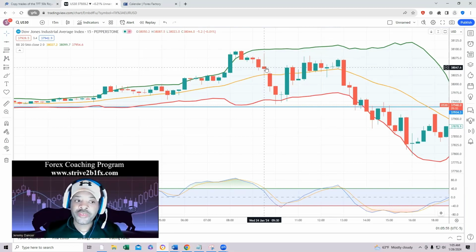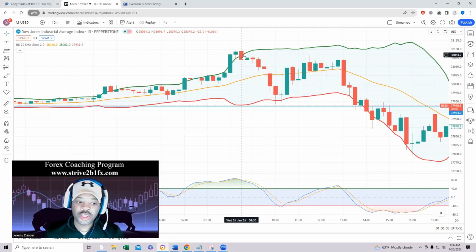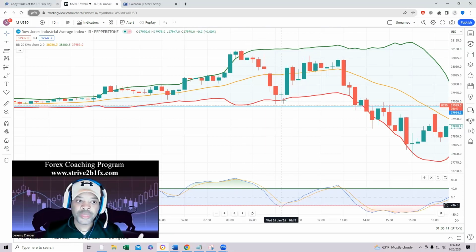But if you do have time to actually watch it, I recommend just keeping that take profit open. And then you would see at 9:30 you're going to have a trend continuation because the stochastic is still showing strong bearish momentum.